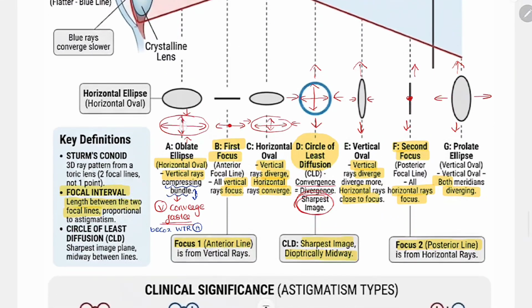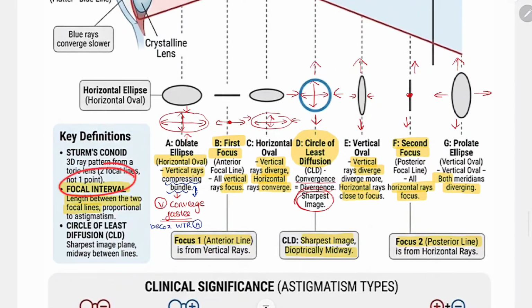Here we have to remember that there is a focal interval of Sturm. What is the focal interval of Sturm? It is the length between two focal lines. We have an anterior focal line and a posterior focal line, and the focal interval is the length between these two focal lines. Then there is the circle of least diffusion, our CLD, where the divergence is equal to the convergence.